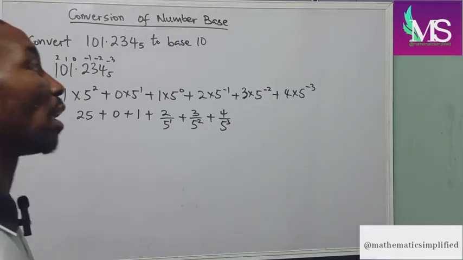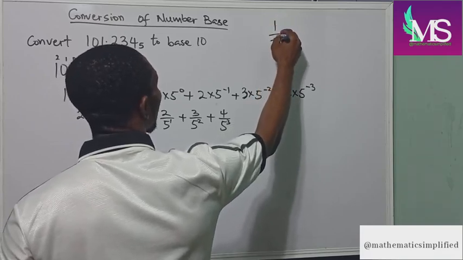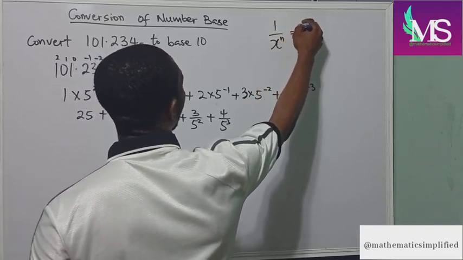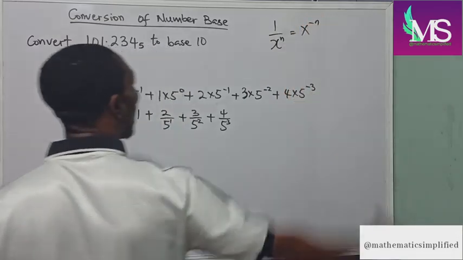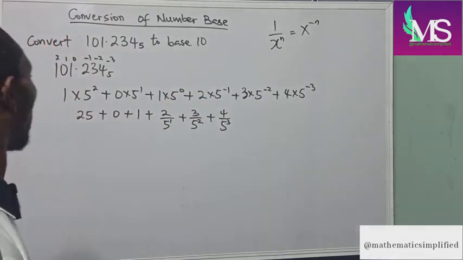Remember our fractional indices law, where 1 over x raised to power n will become x raised to power minus n. Now applying that law here, this is what we would get.